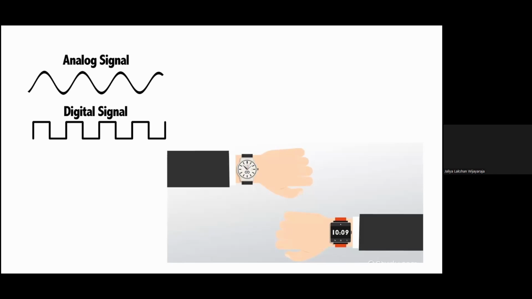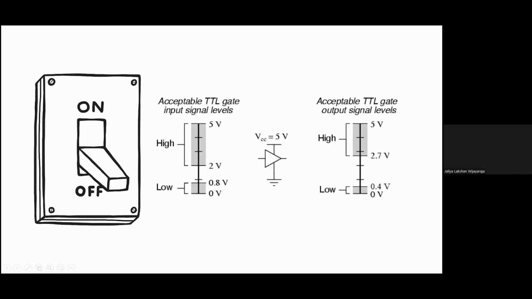So 1 will be represented by 5 volts. For digital signals, you can assume a switch. Once the switch is turned off, it will pass no current, so there will be 0 volts.